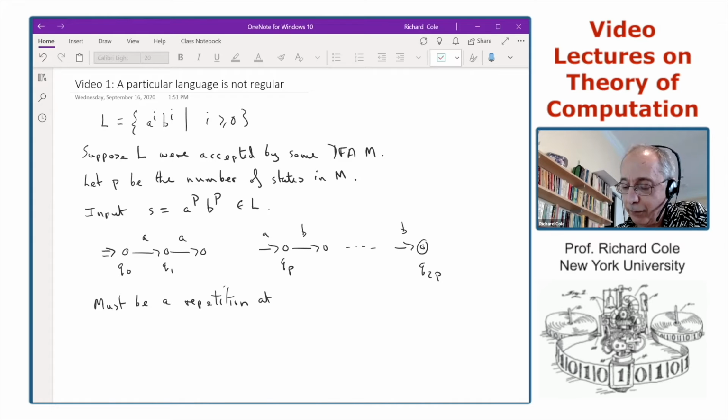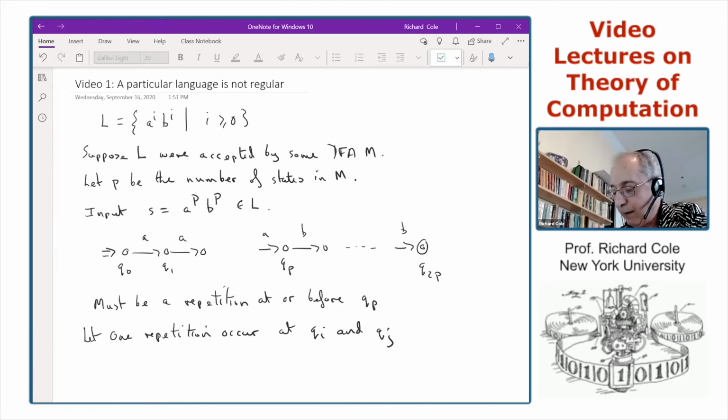at or before QP, and let one such repetition occur at Qi and Qj.